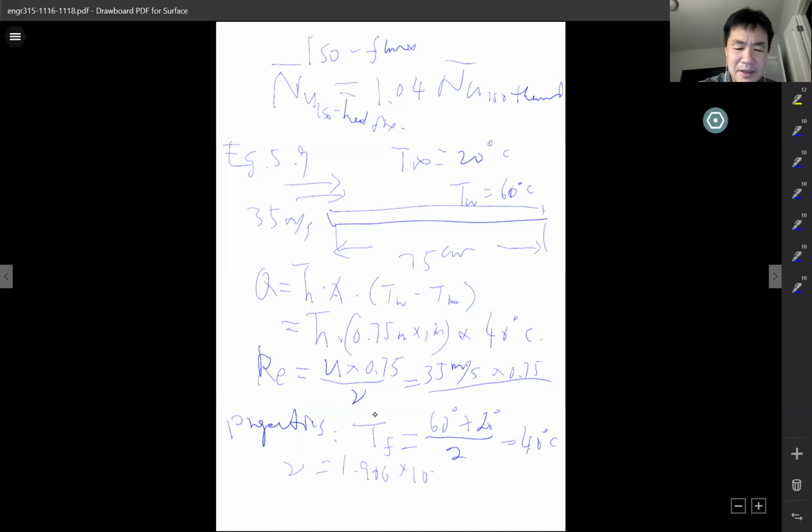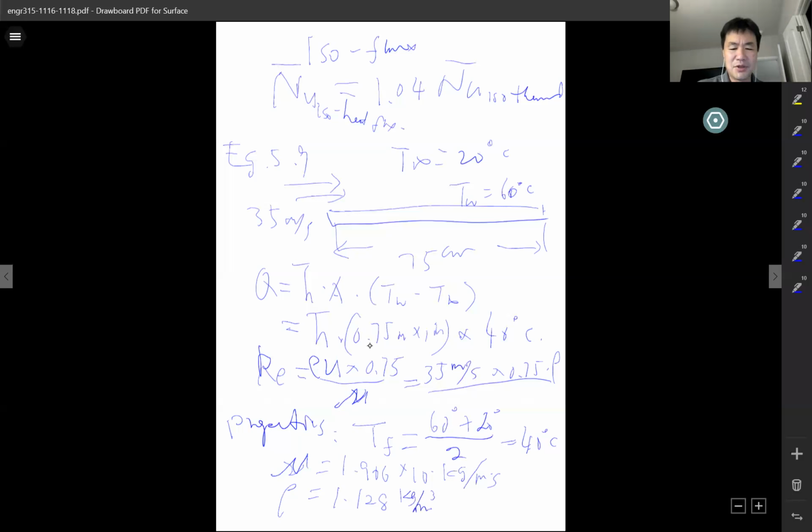So our equation will have mu here and rho, the density, up here. Density I have to give you. So this is in kilograms per meter second. The density, based on the ideal gas law, is 1.128 kilograms per cubic meter.